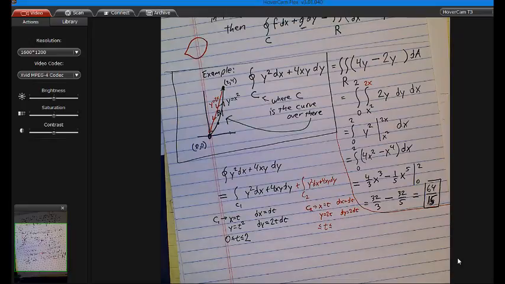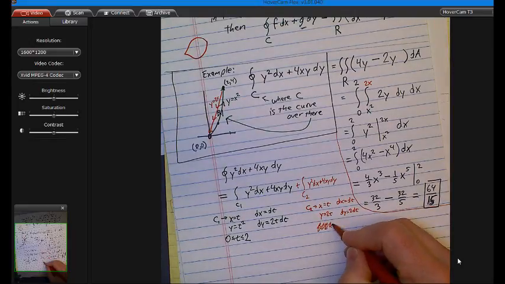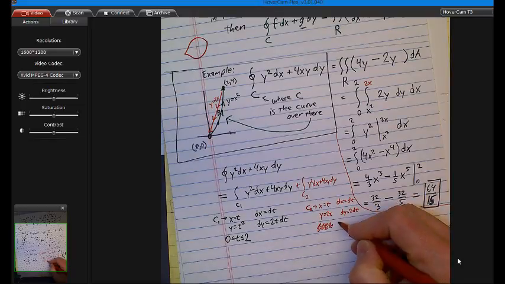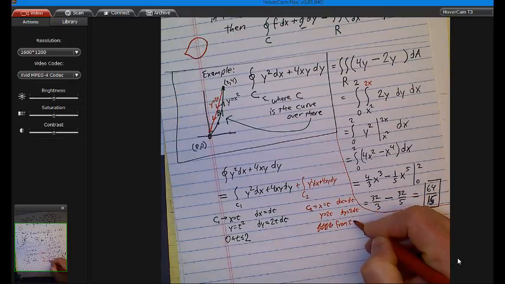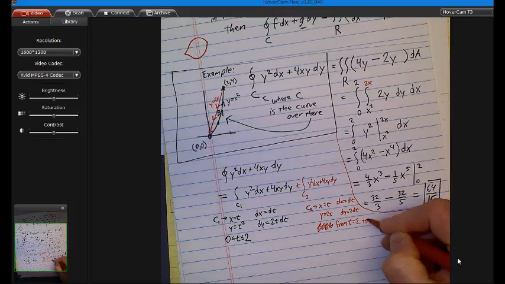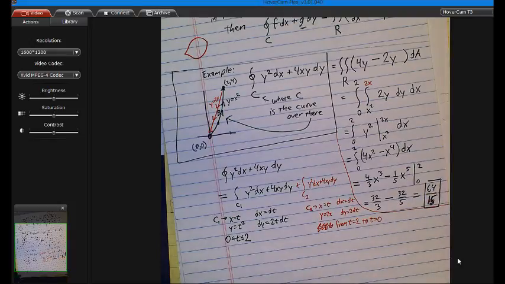Well, it's interesting: from 2 to 0. So let's just say from t equals 2 to t equals 0, and we'll see how that plays out.